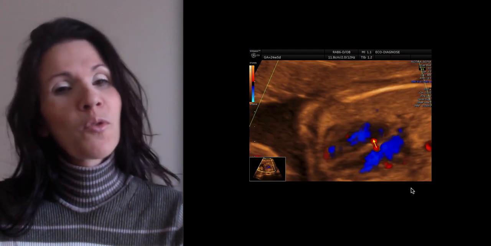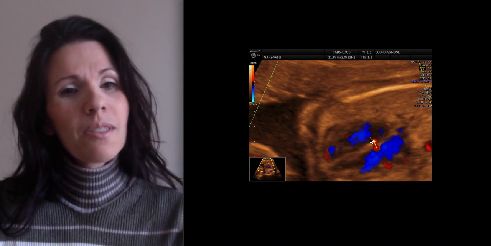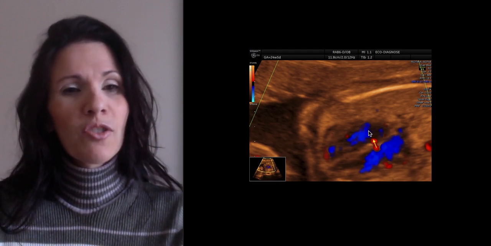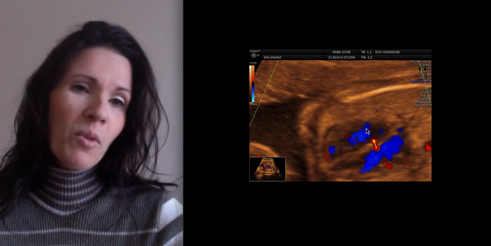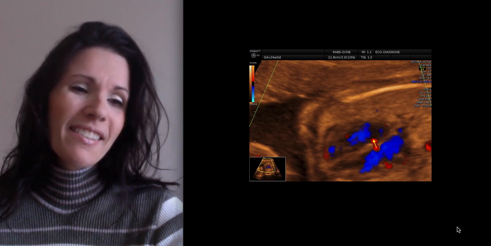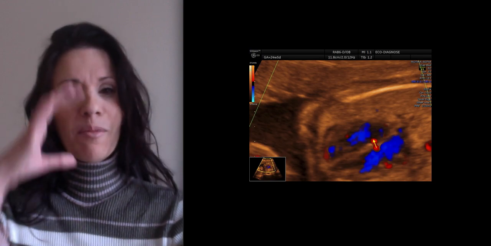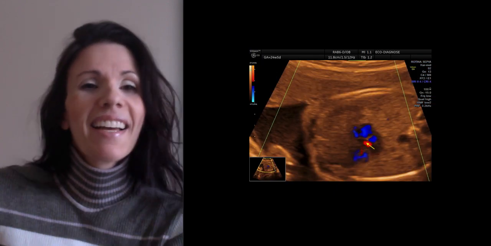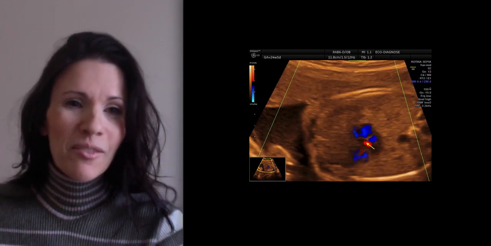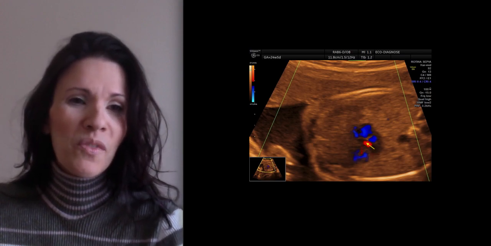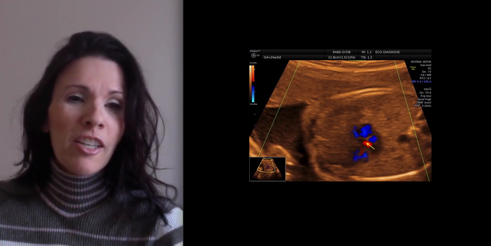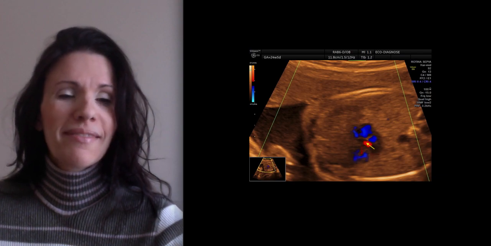This is the flow through the coronary sinus in this direction, from left to right side, a little bit increased as you see in the previous image. This is again the coronary sinus enlarged.